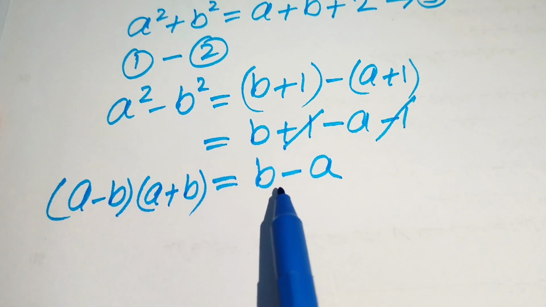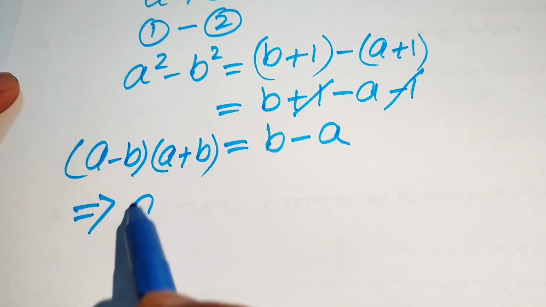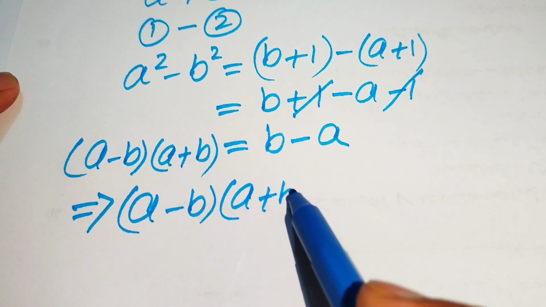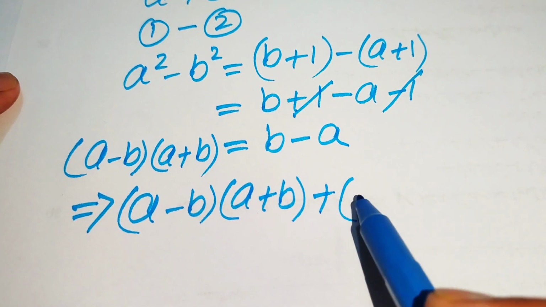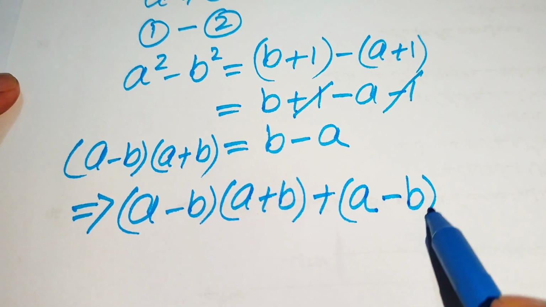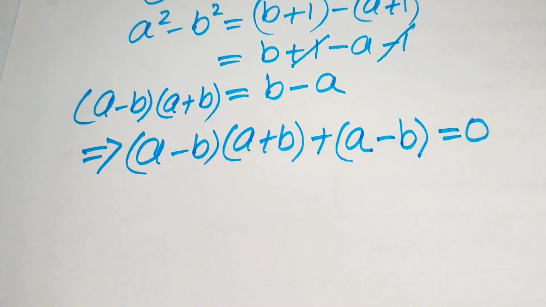Now we move these two terms to the left-hand side, and it will be written as (a − b)(a + b). When we move this minus a to the left-hand side, it becomes plus a, and when we move this plus b to the left-hand side, it becomes minus b, and this whole is equal to 0.